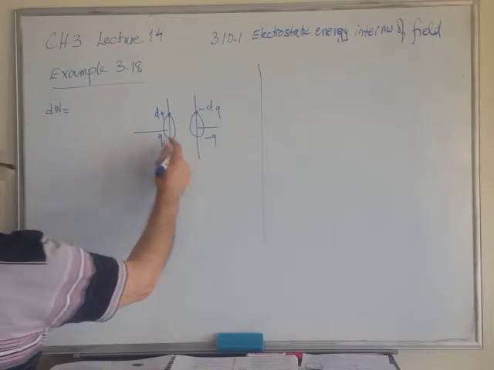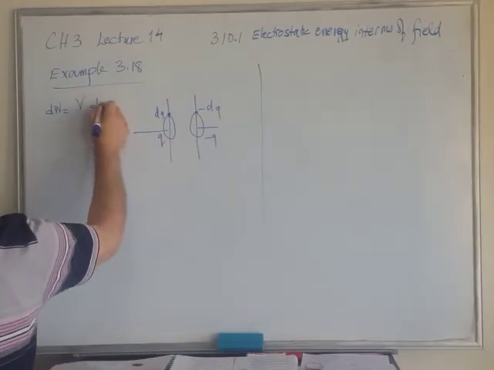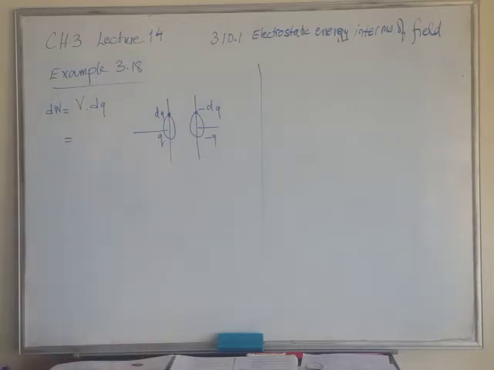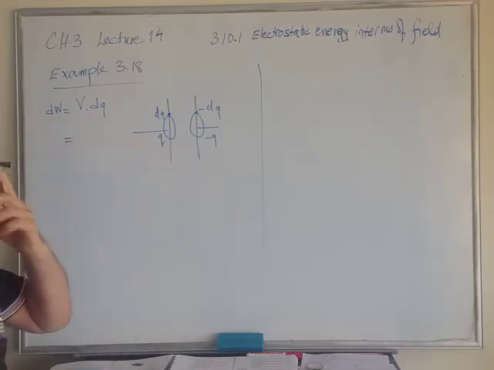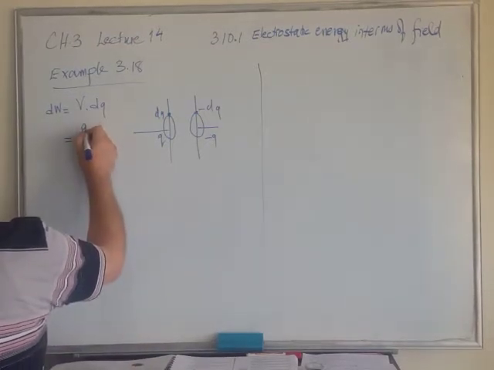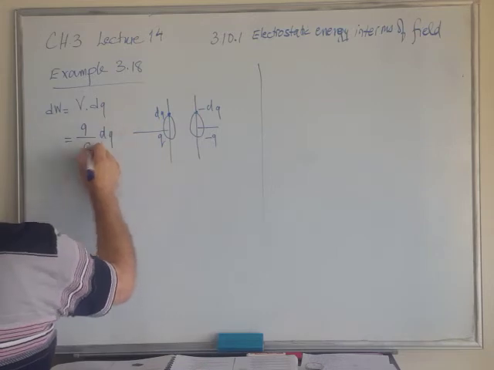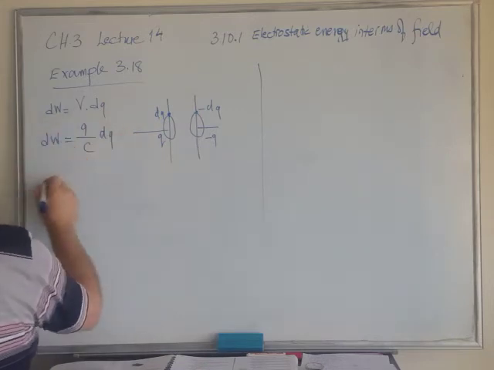Which is the potential difference at this point, V, times the charge dq. But the potential difference between the two plates when the charge is equal to Q is how much? We know that V is equal to Q, the charge Q, over C. This is times dQ. So that's the element of energy.